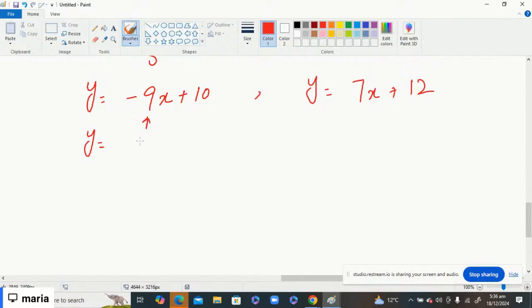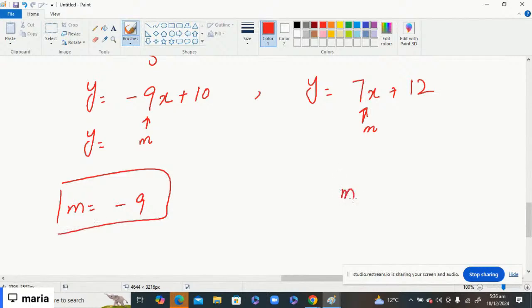This is your slope, that is m. This is your slope, that is m. So what is m in the first one? Minus 9. M in the second one, that is 7. Okay, so these are the slopes.